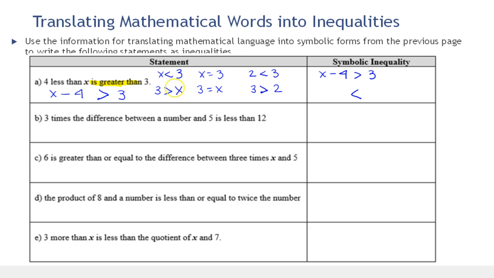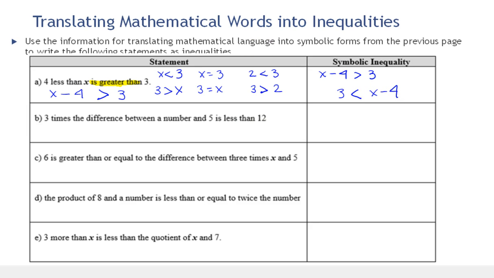And these are equivalent statements even though they're written in a different form. So we're going to practice writing them in both ways. So the original is x minus 4 is greater than 3. And we can also say 3 is less than x minus 4.